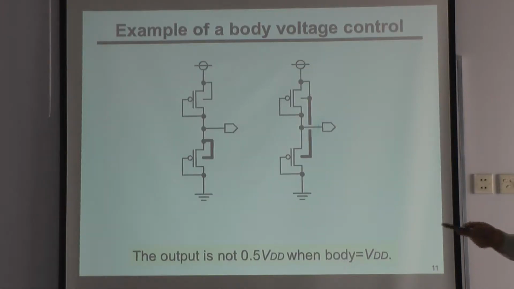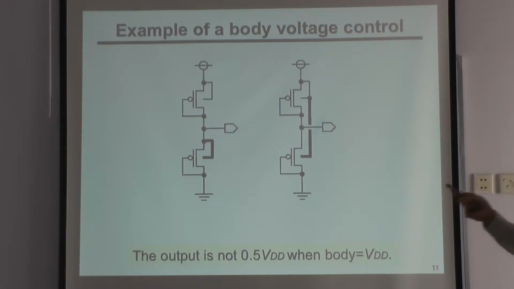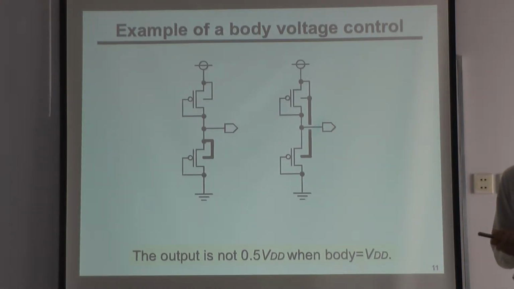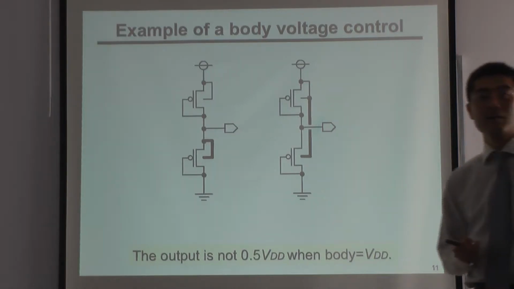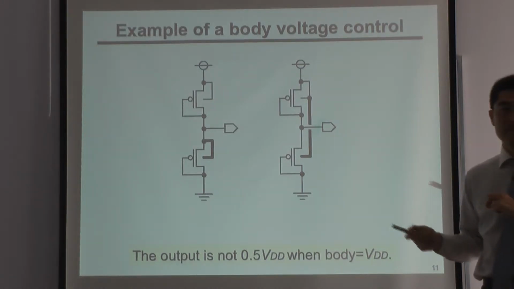In this way, we use PMOS. We cannot use NMOS, because the NMOS body is always tied to ground. So we cannot make half VDD by using an NMOS connection like this.